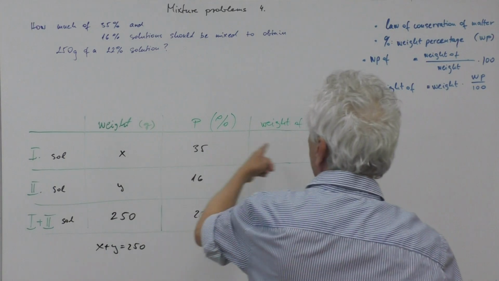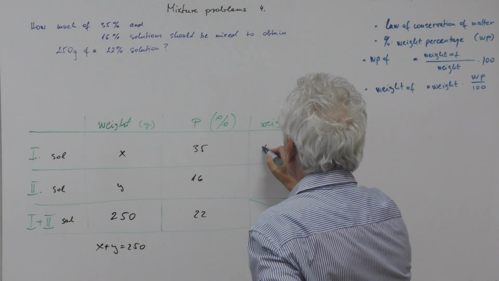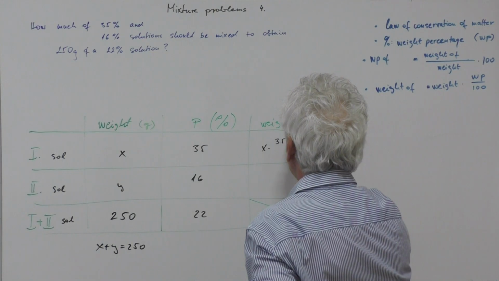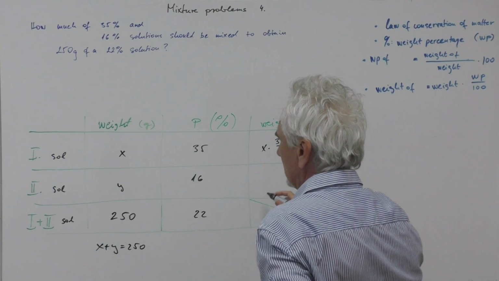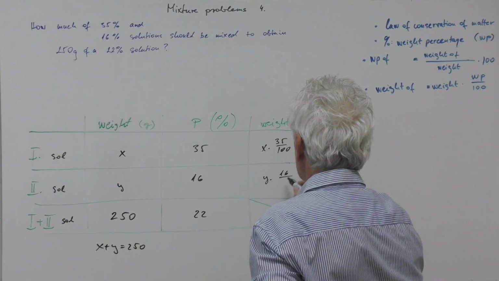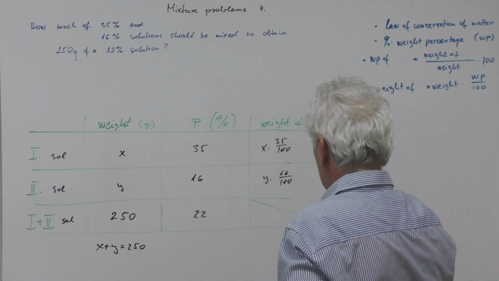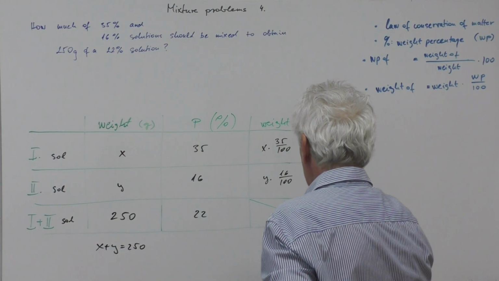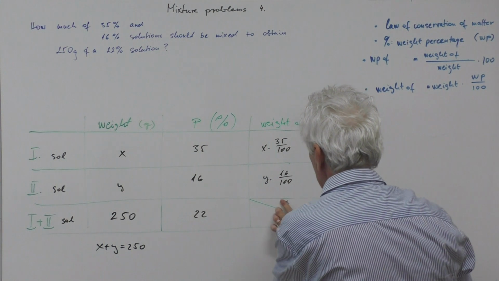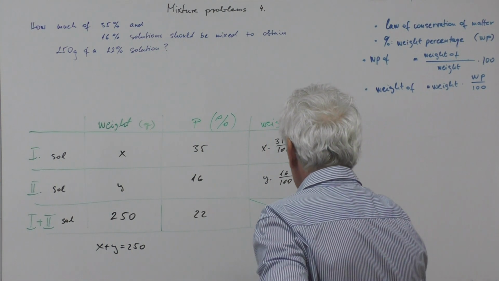Here the weight of the substance in the first solution is x times 35 over 100, and in the second one, y times 16 over 100. Again, the sum of these gives us the weight of the substance in the mixed solution.